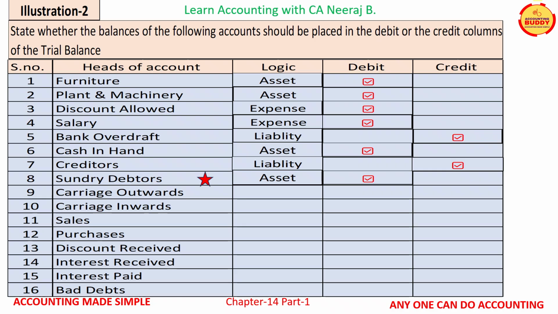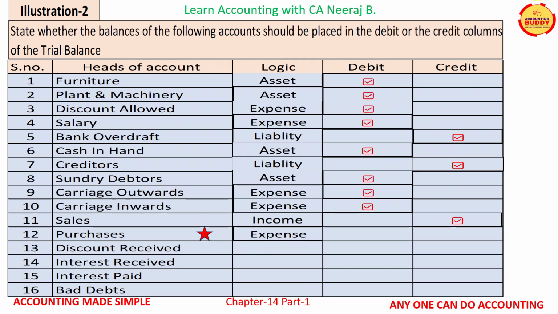carry debit balance. Carriage outward and carriage inward both are expense accounts. So both these accounts are placed in the debit column as the business expenses always carry debit balance. Sales account is an income account, so it is placed in the credit column as the business income always carry credit balance.